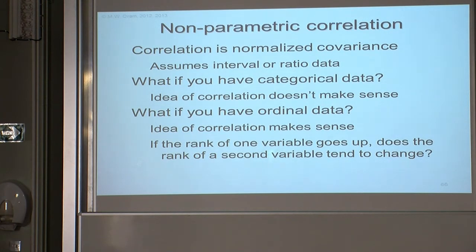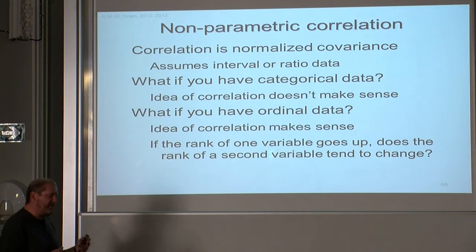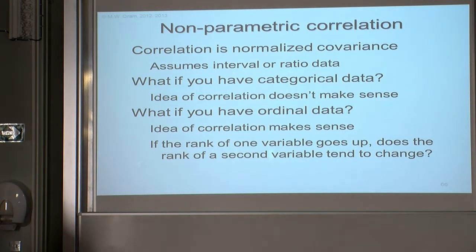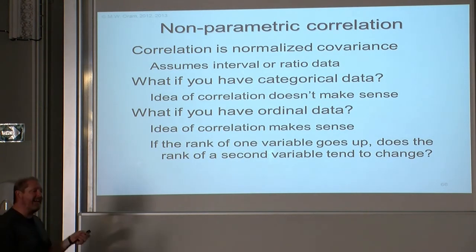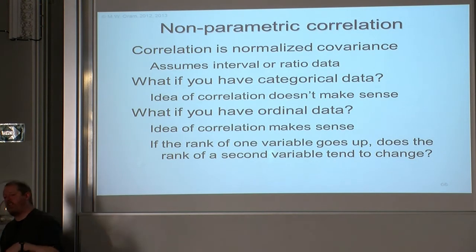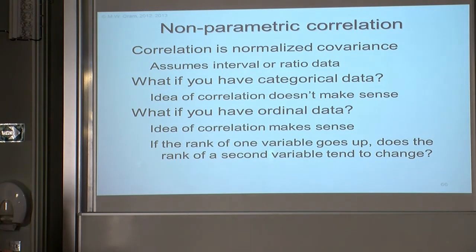If your data is not of that sort, then you have to do a different technique. With categorical data, you can use contingency tables, you can use chi-squares, and the idea of a correlation, of a relationship, doesn't make sense. Ordinal data does make sense. And it amounts to, if the rank of a variable increases, does the rank of the second variable increase or decrease?